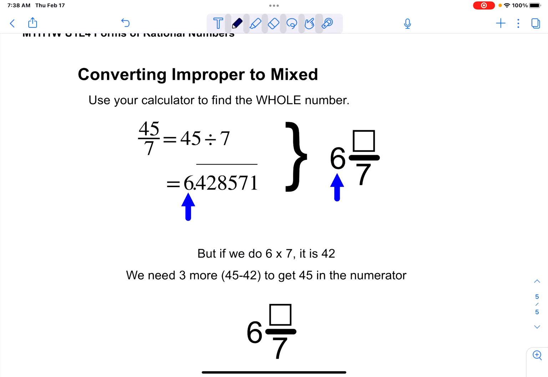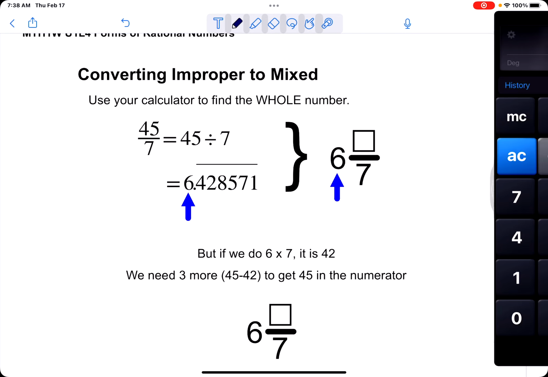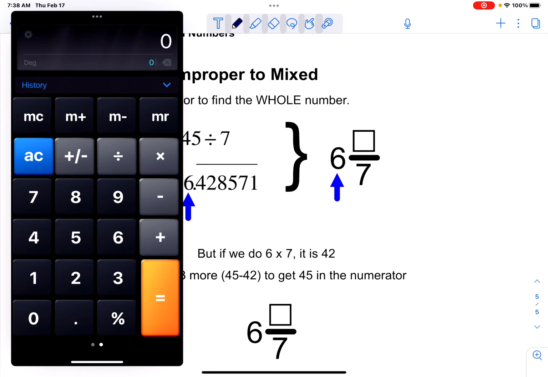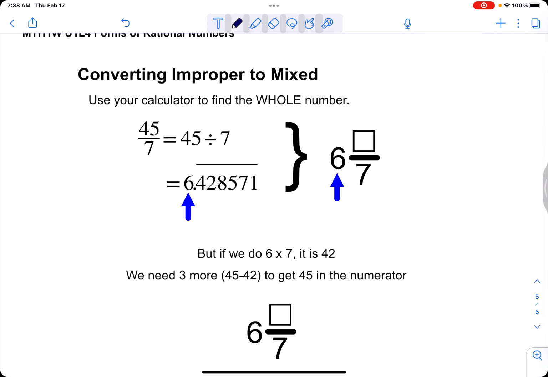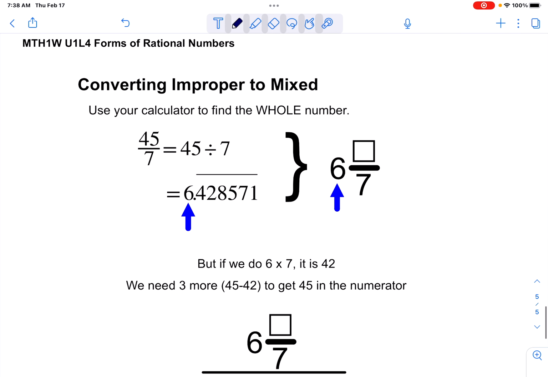You're going to use your calculator to change it into a decimal to start with. So when we plug that into the calculator and do 45 divided by 7, we get 6.42857. All we're really interested in at this point is the 6 on top, which is our whole number. So we take that 6 and we put it out front. Now we have to figure out what goes here.